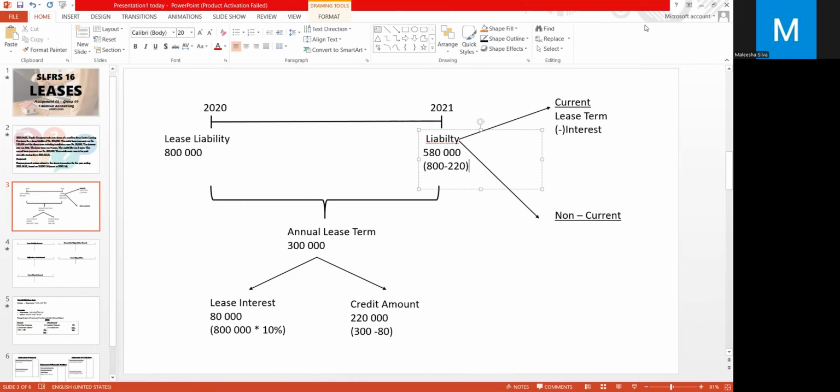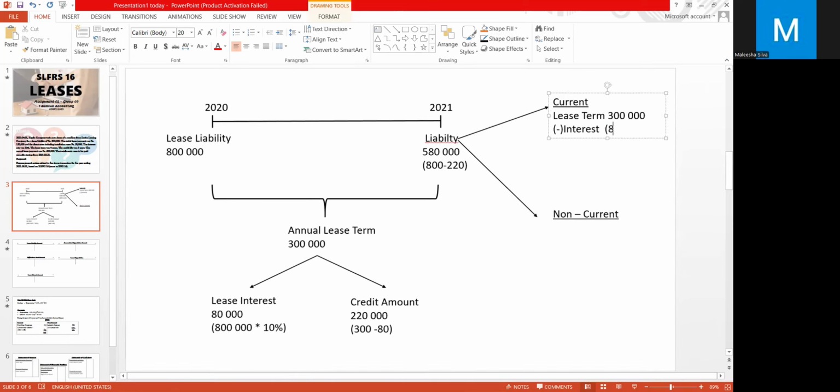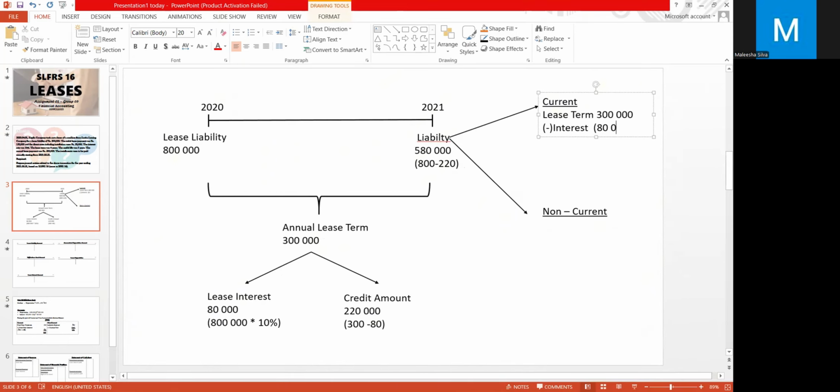Now, this remaining lease liability of 580,000 is divided into current and non-current portions. The lease payment due next year is 3 lakhs. The balance after deducting the interest, 3 lakhs minus 58,000, then 242,000.